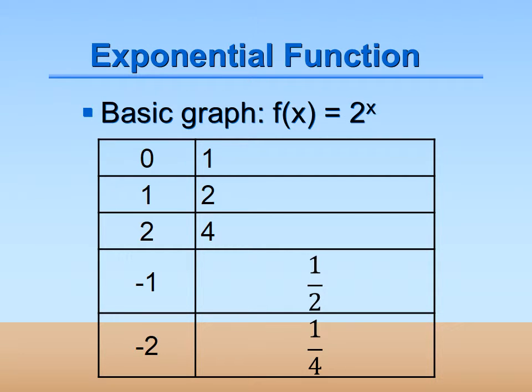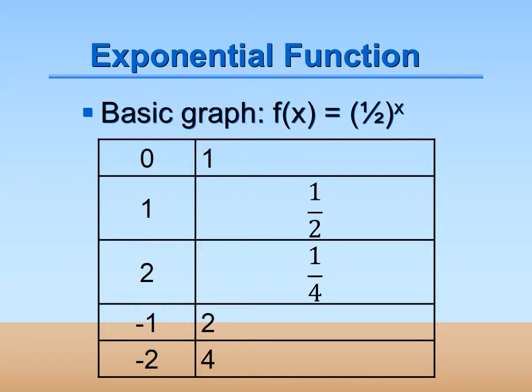All of our y values have to be greater than 0. We also notice that x can be anything, right? It continues forever in both directions. So we would say our domain would be all real numbers. We can have any x we want. However, our range will never be negative, so our range has to be greater than 0.